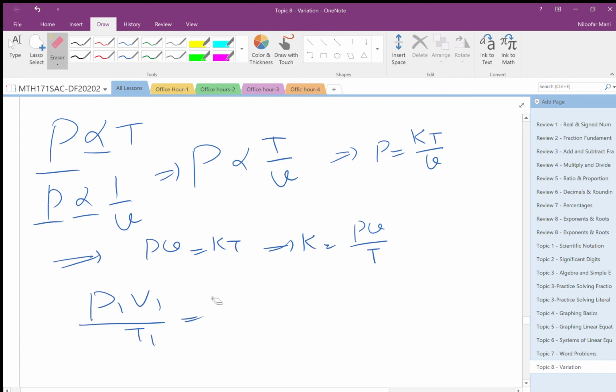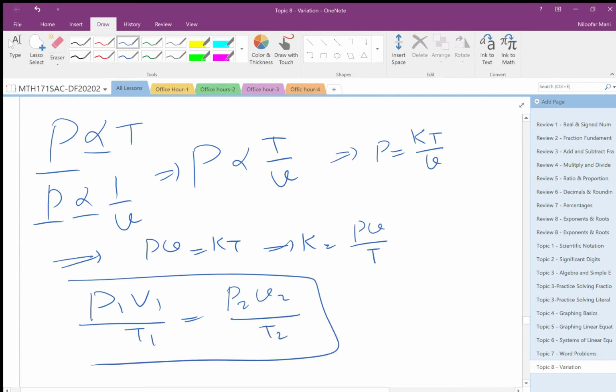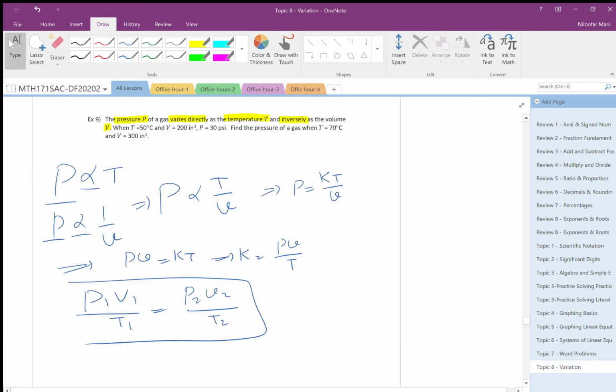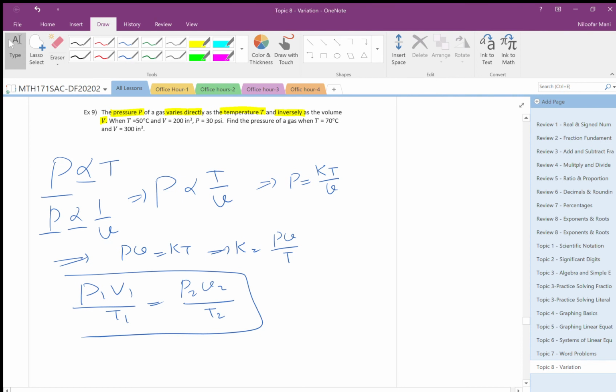Remember, when you solve for k, then you are able to find the formula for two situations, and that's very, very helpful. Now it says T is 50 Celsius, V is 200 inches cubed, P is 30 Pascal. Find pressure when T is 70 Celsius and V is 300 inches cubed. All the units are the same, so perfect.